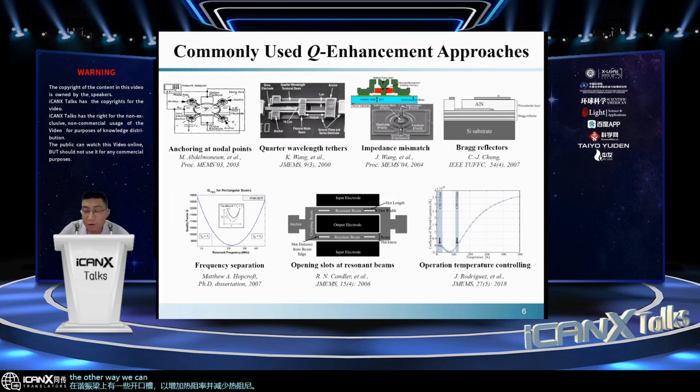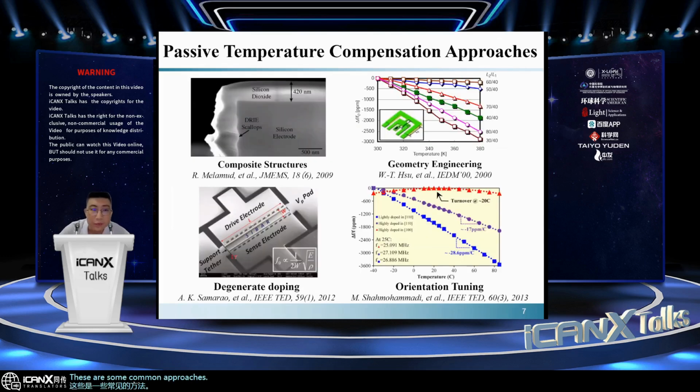The other way is to operate the resonator at some low temperature where the thermal expansion of the silicon material is close to 0. So we can eliminate the thermoelastic damping. These are some common approaches.